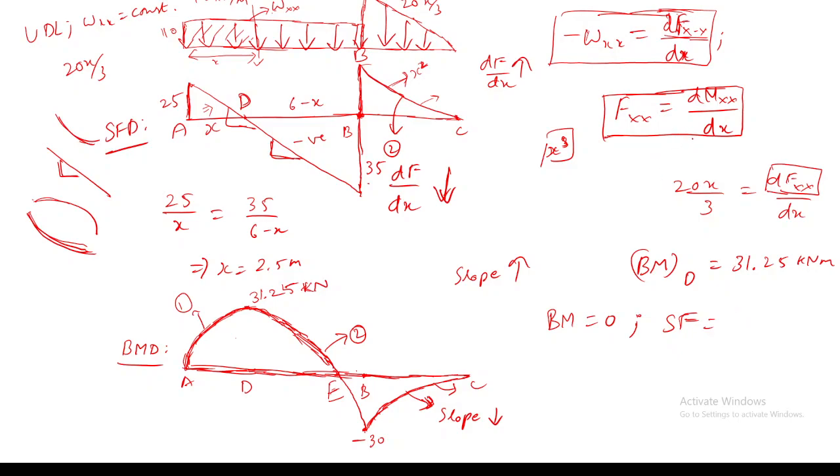But mostly you go by this rule: when the bending moment changes sign, that point is called the point of contraflexion. Because, for example, you will have concentrated moments or concentrated shear forces, and at that time these concepts like maximum shear force won't work.